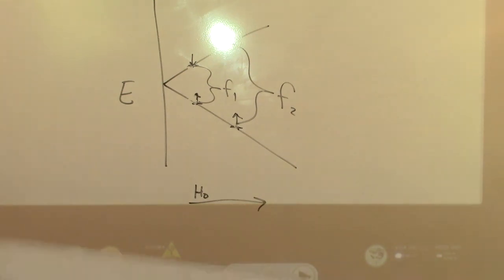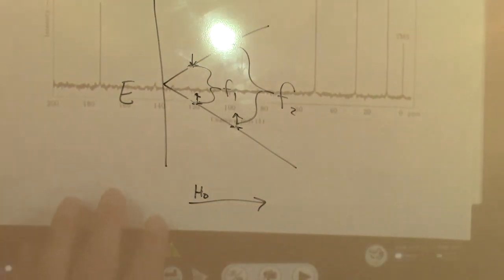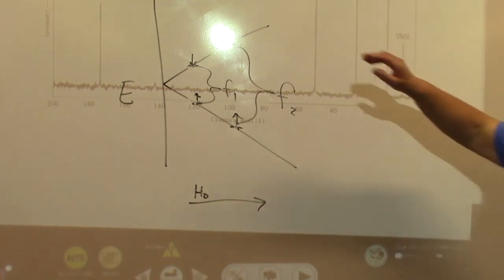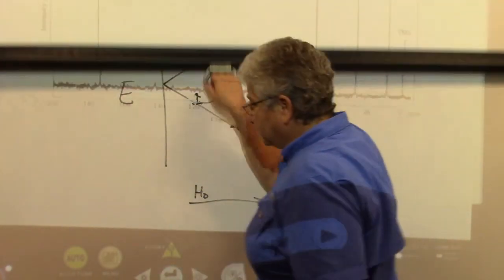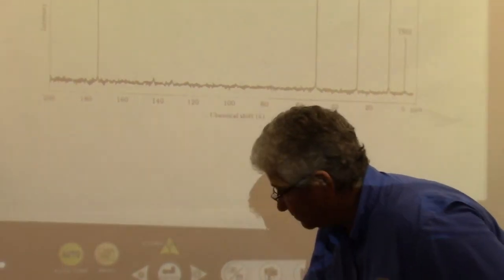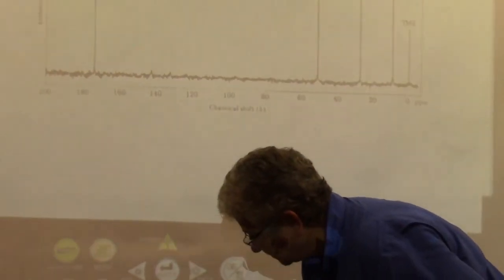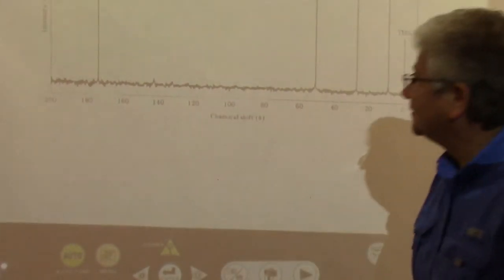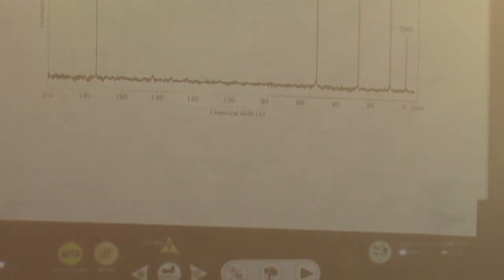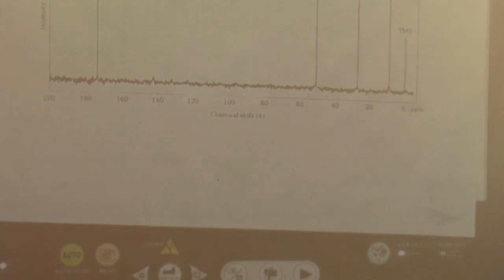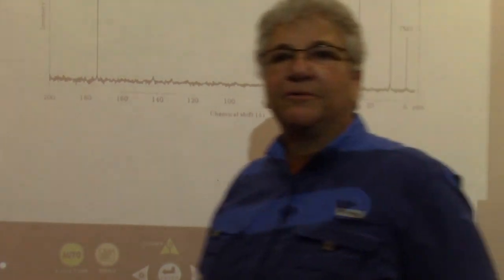So, you have this picture of a spectrum. Let me lower it down.